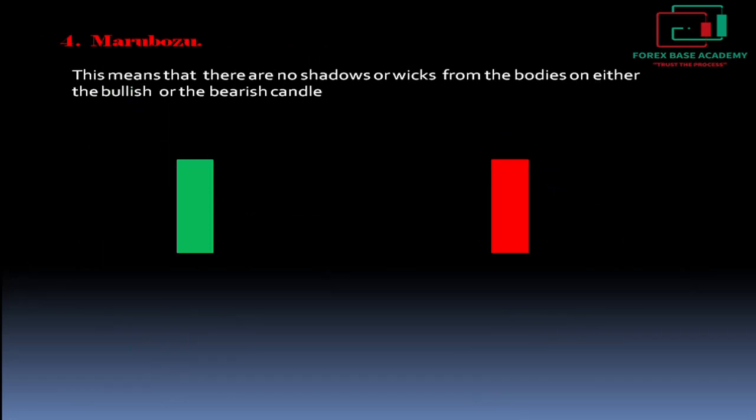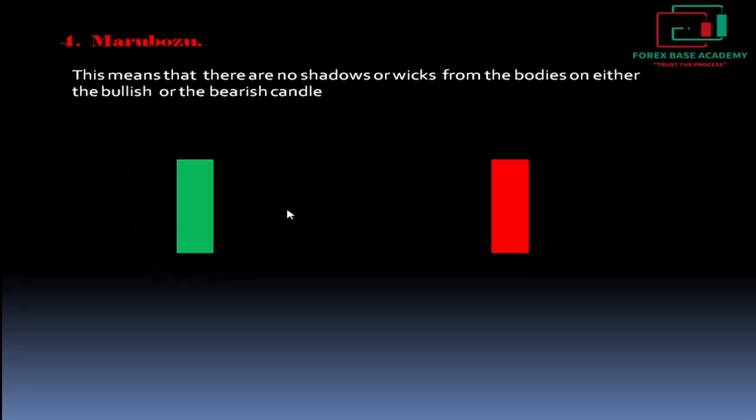We have number 4, Marabuzo, and that is our last candlestick pattern for today. Marabuzo means that there are no shadows or wicks from the bodies on either the bullish or the bearish candle. So when you see such candles forming in your charts or in the market, you will see the opening price and the closing price of this first bullish candle.